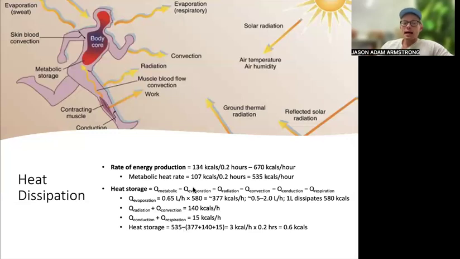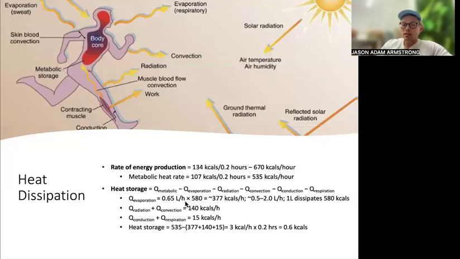Now, we've got a lot of different ways to lose heat that I just went over. So if we take the Q of evaporation, we can evaporate anywhere from about half a liter to sometimes as much as 2 liters per hour of water. So we just took a rough value, running not too intensely, and I'm sweating at 0.65 liters per hour.